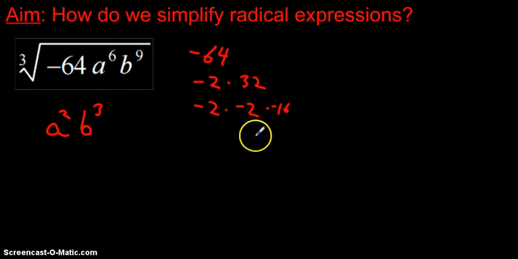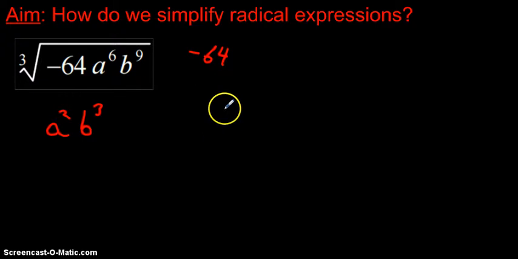I'm trying to keep my numbers negative because I don't want to have a negative root in there at the end. Actually, let's just leave out the negative 1 to begin with, and this is a perfect cube, so our answer is already going to be negative.